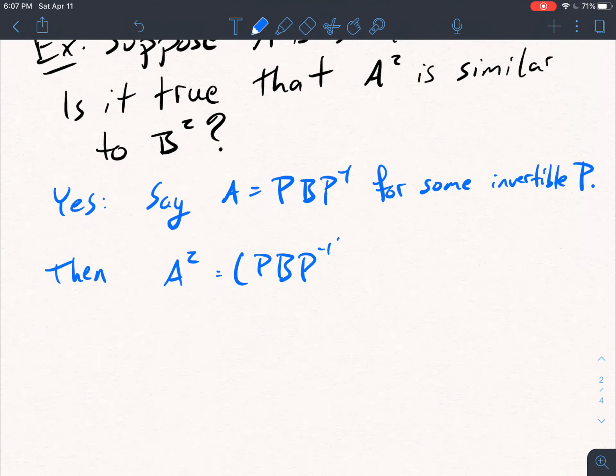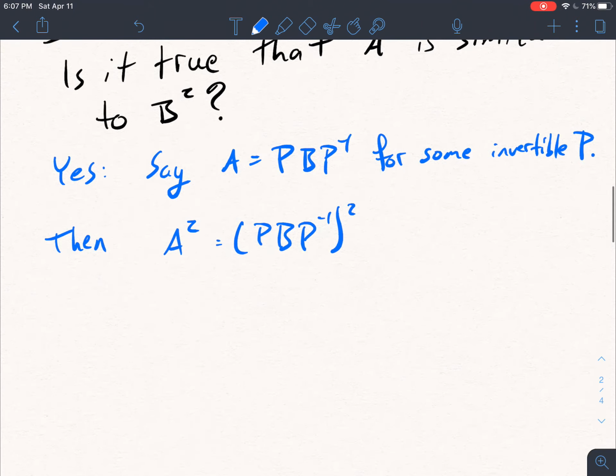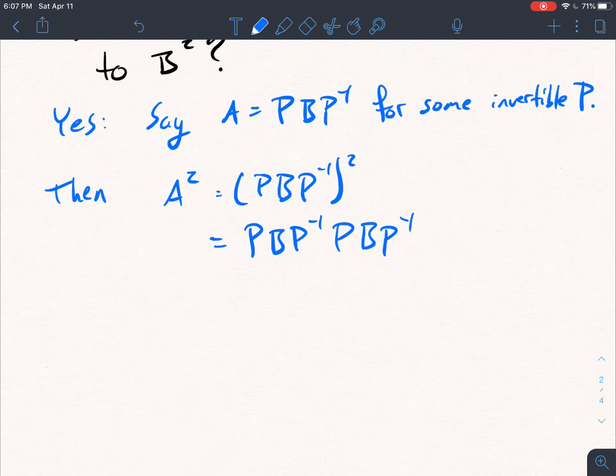So we'll square both sides. On the left, I just get A squared, of course. And on the right, I get P B P inverse, squared. Can I simplify that? Well, let's expand it out and see what we get. If I expand this out, I get P times B times P inverse times P B P inverse again.